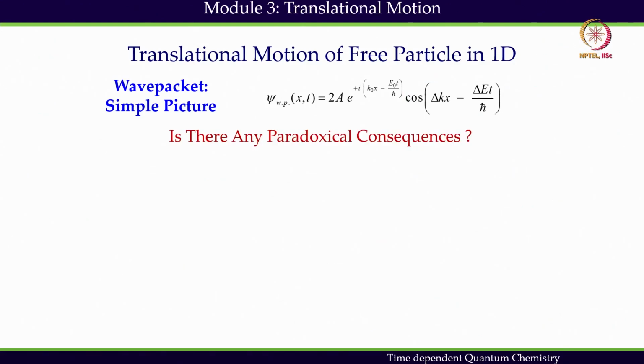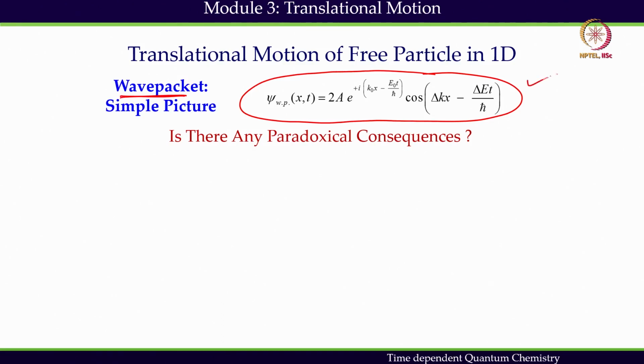Remember, we started representing the particle with the wave packet because the plane wave solution failed to represent the particle in quantum mechanics. Now, after getting this new solution, we can ask the same question: is there any strange consequence we get from this? First, we will check what is going on with the probability density.